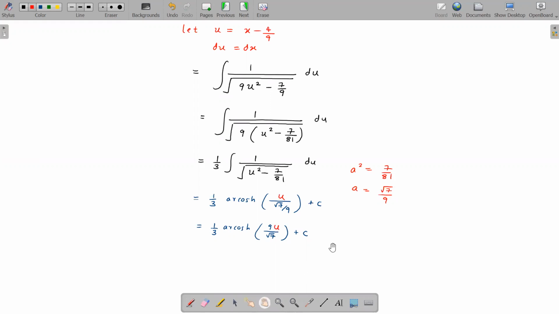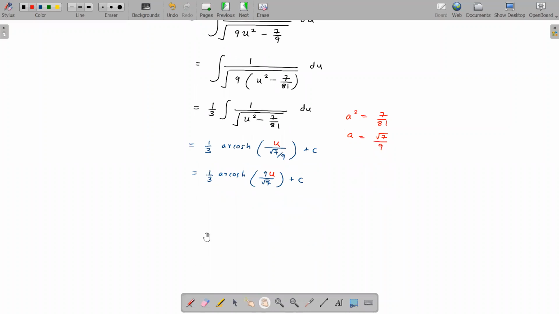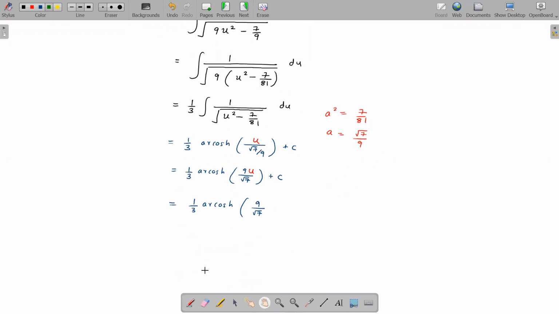And then we should replace our u with x minus 4 over 9. Let's replace 9 over root 7 times u. What was u? X minus 4 over 9, right?